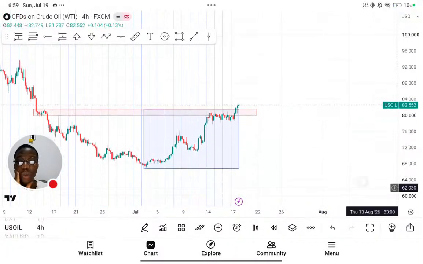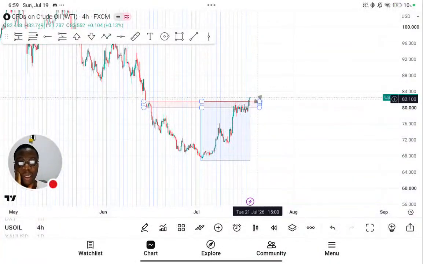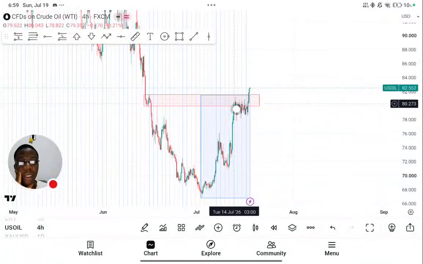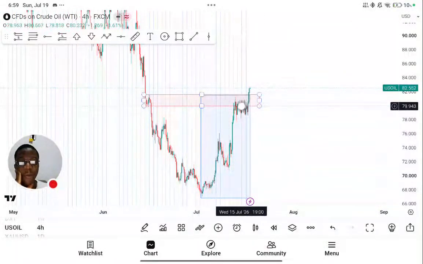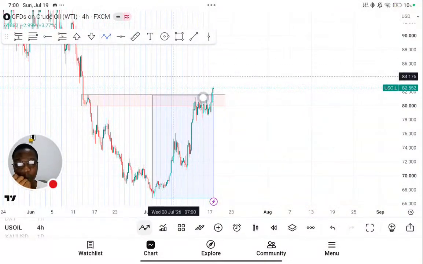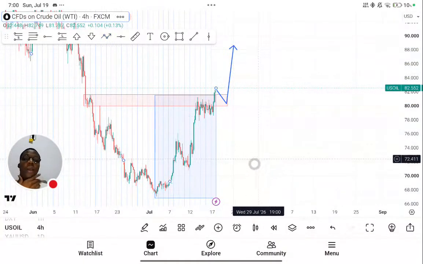Oil is going to shoot, who knows? Except this is a liquidity tap and it continues to the downside, but then the price broke up. So right now, what we're looking for is continuation, or continue buying, right?